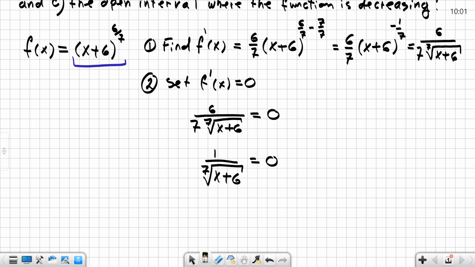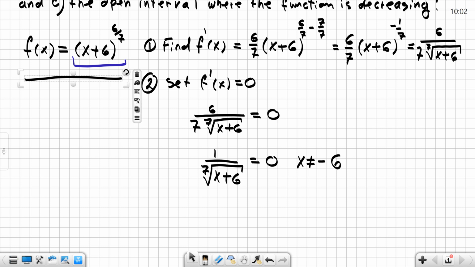Now, this expression on the left side can never be 0, because then we would have division by 0. But it is undefined when x is equal to -6. That means -6 is a critical number, because f of x, my original function, is still defined at -6.